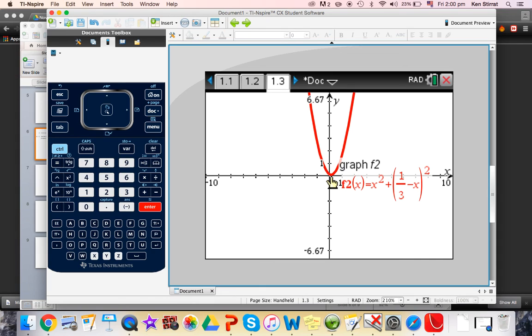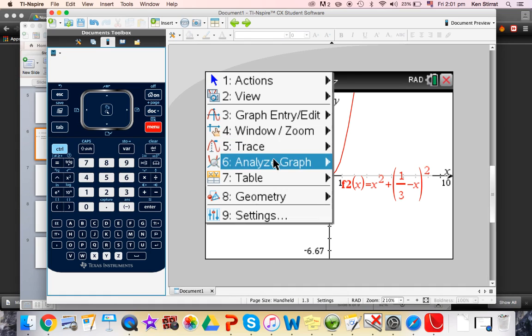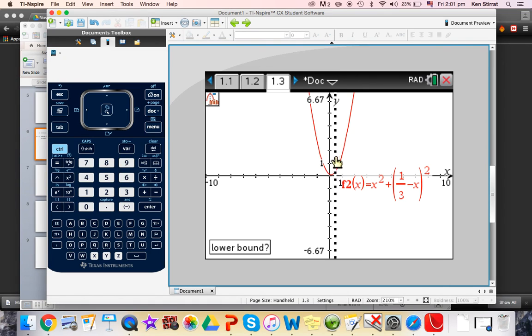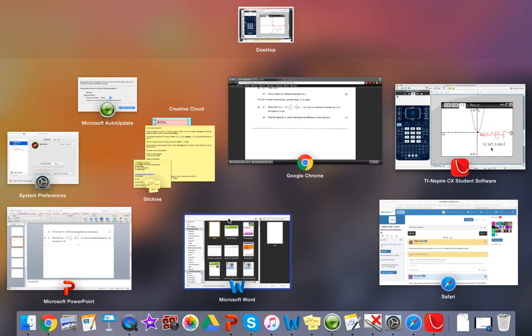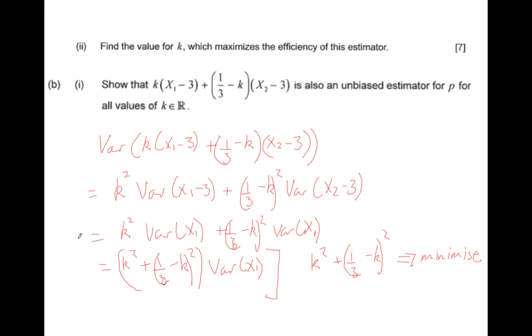We want the minimum value, which is somewhere here. So we'll do menu, analyze graph, minimum. And there's the minimum value of x: 0.167.